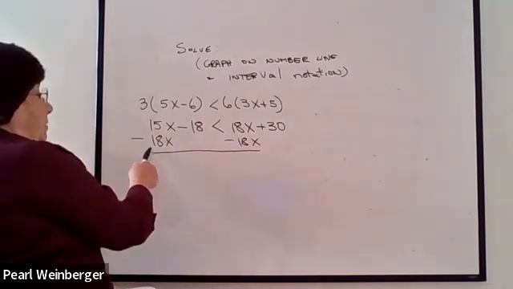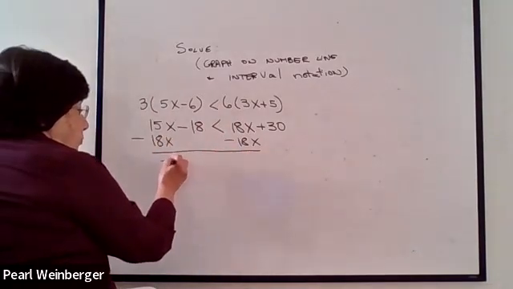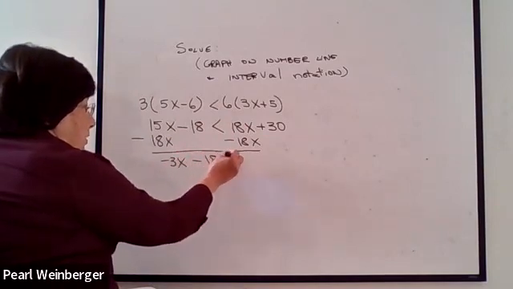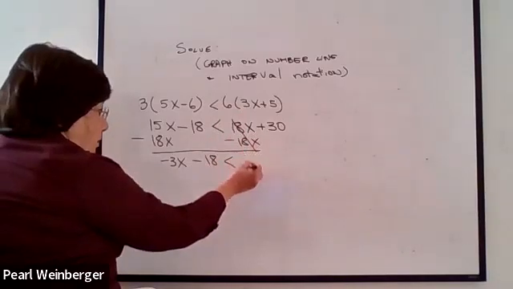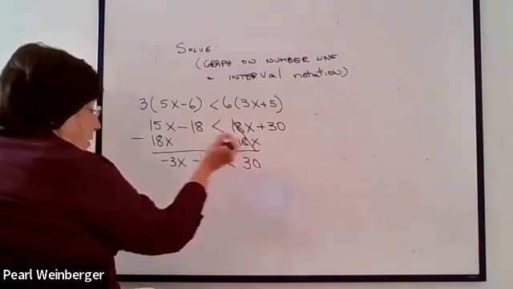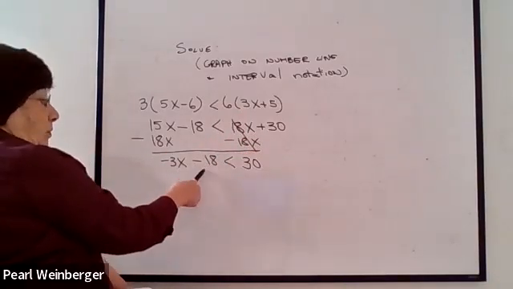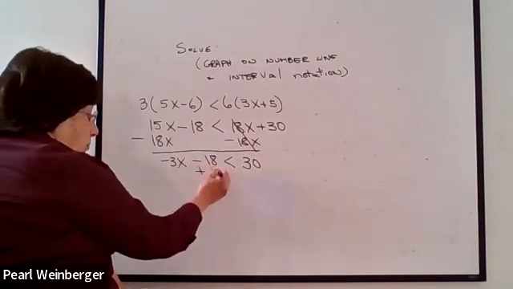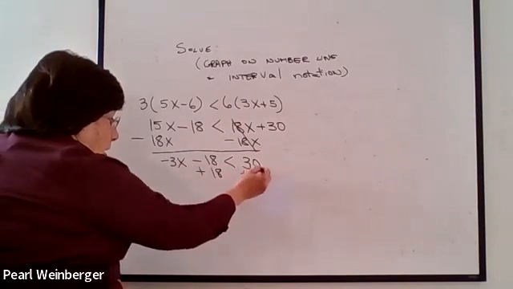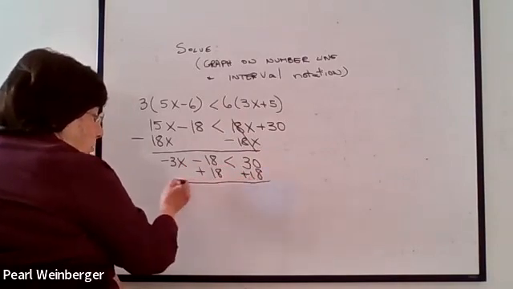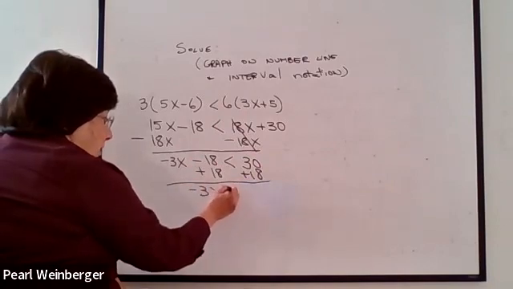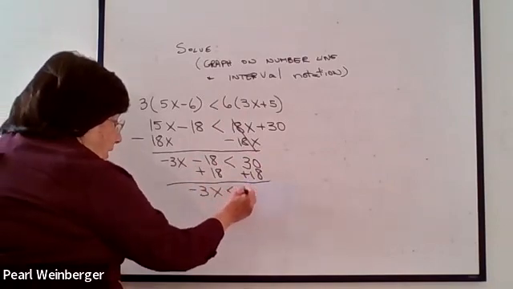And 15 minus 18x will give me -3x. I'll bring down the minus 18, less than, this is out, 30. So now I have to get rid of this -18. I'll do plus 18 to both sides. So that'll give me -3x less than 48.